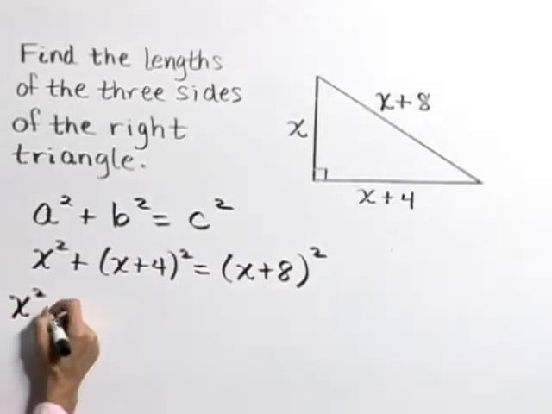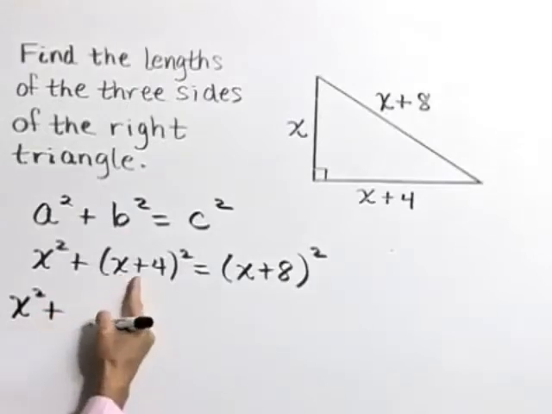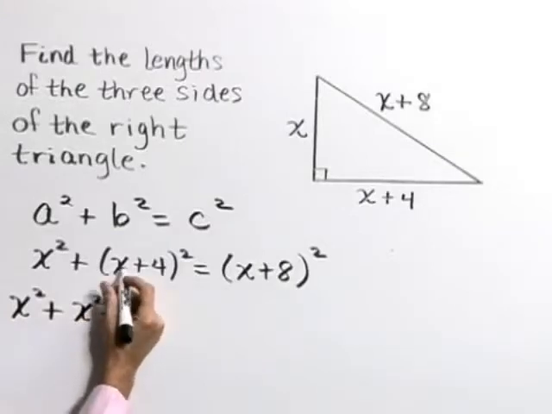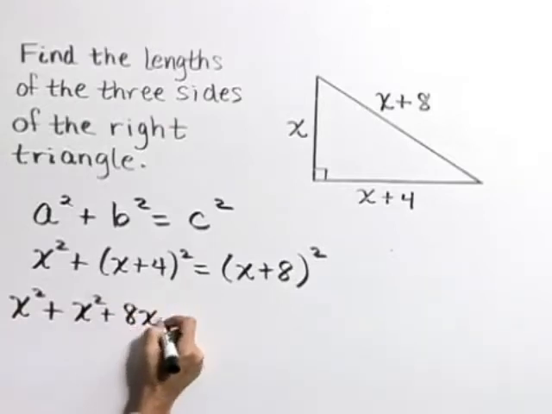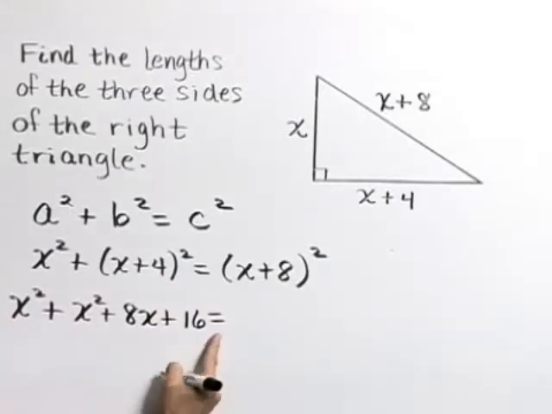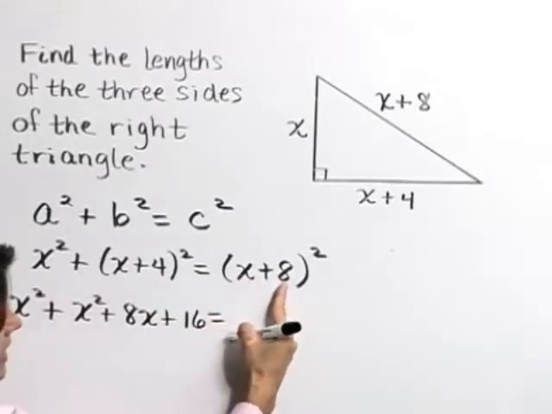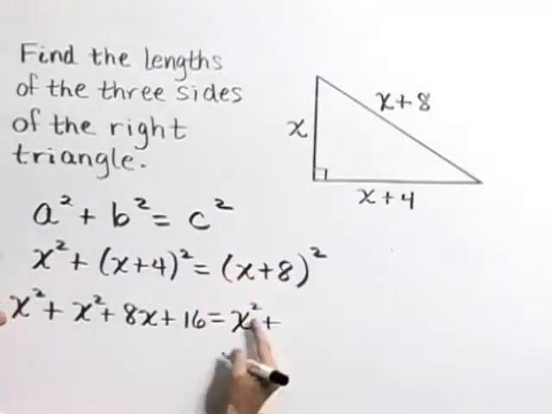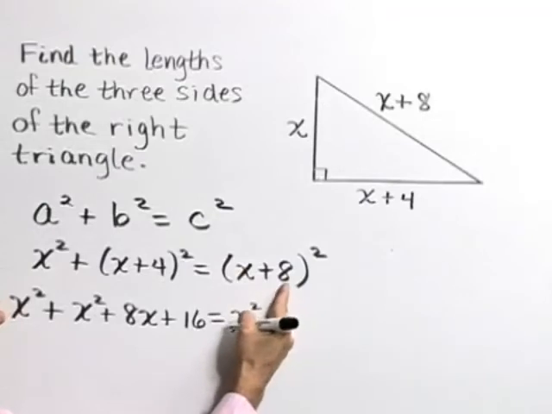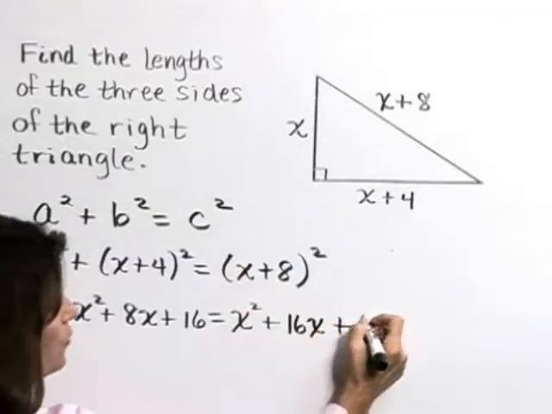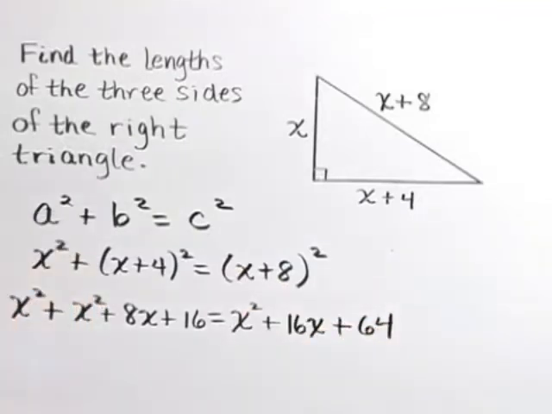So as our next step, let's write x squared plus x plus 4 times x plus 4 is x squared, plus our inner and outer products are both 4x. 2 of those gives 8x, plus 4 times 4, or 16, is equal to x plus 8 quantity squared is our first term squared, x squared, plus 2 times our inner and outer products. 2 times 8x is 16x, plus 8 squared, or 64.